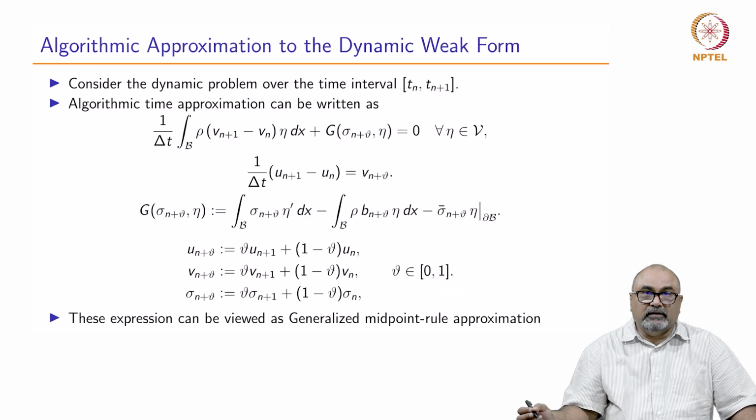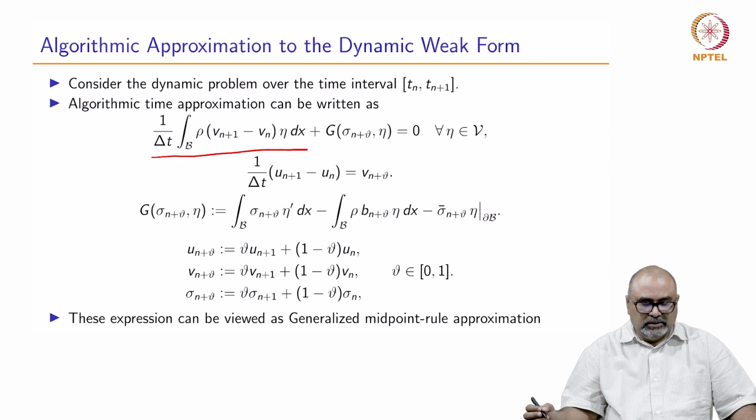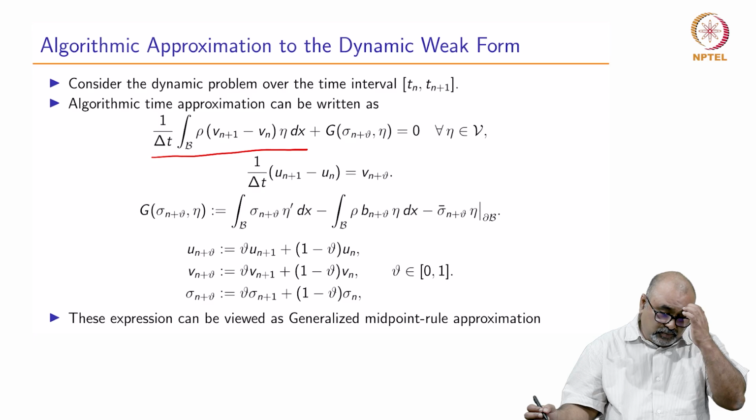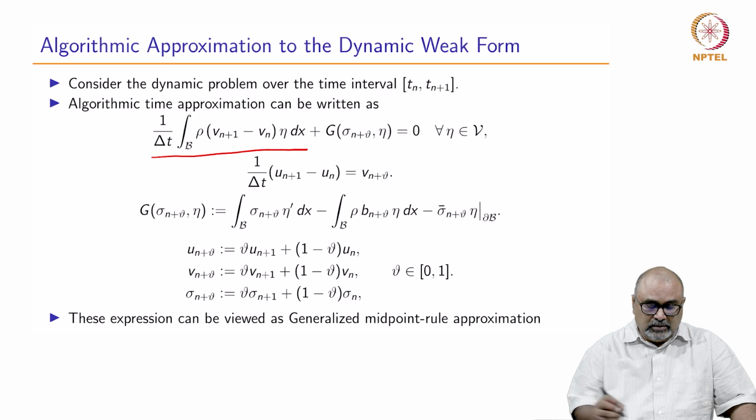Now, if we consider a dynamic problem in the interval t_n to t_{n+1}, we are calculating the time approximation in this manner. We have an additional term that is coming from the inertia. So, 1 by delta t integral over domain rho (v_{n+1} minus v_n) times eta dx.